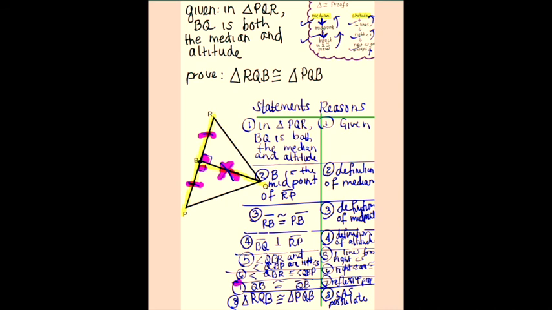Be careful here, just because it's a right angle in the picture, some people would automatically jump to say, oh, it's the HL theorem. But it's not the HL theorem, because the HL theorem says you need to have a hypotenuse congruent to a leg and another hypotenuse congruent to another leg. And in this triangle, we know nothing about the hypotenuses being congruent. So therefore, we can only say SAS.